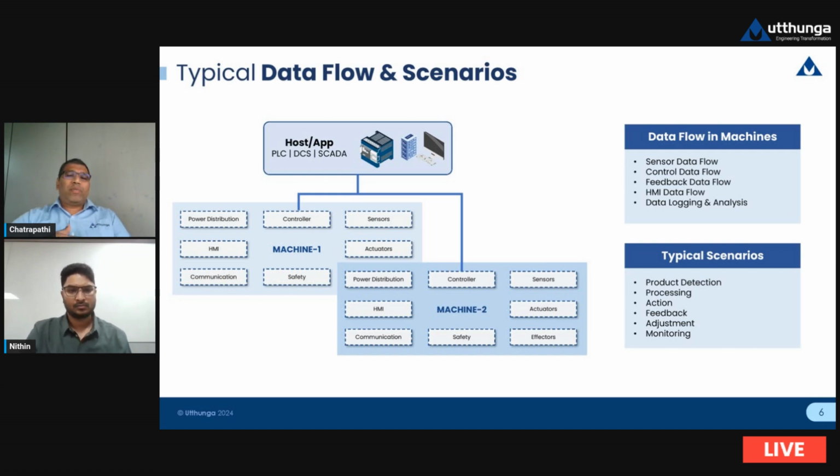But when there are multiple machines performing a specific assembling or specific activities on a product in stages, there is a need for these machines to communicate with each other as well. So the machine to machine data flow usually covers some very good use cases. For example, one is automated quality control.